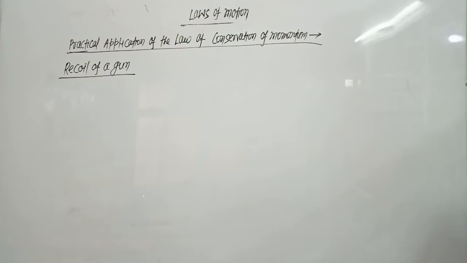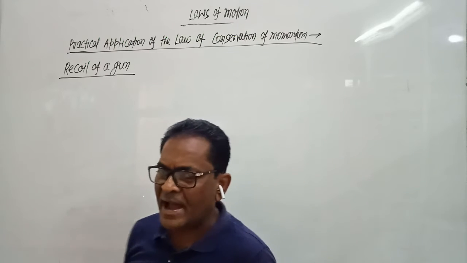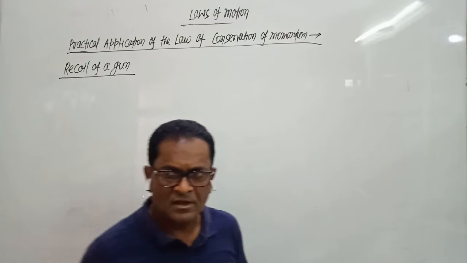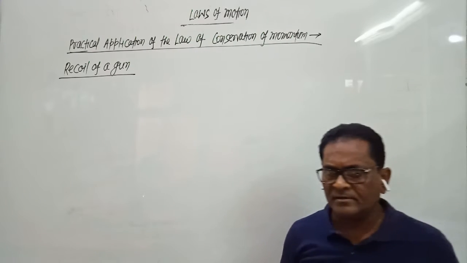The process by which the gun exerts a force in the backward direction is called recoil of a gun.